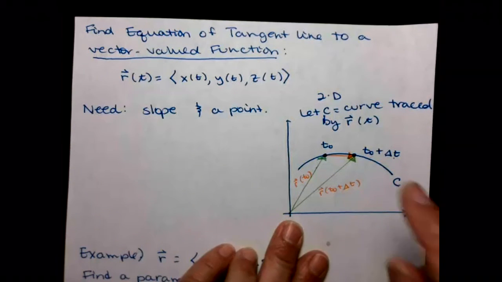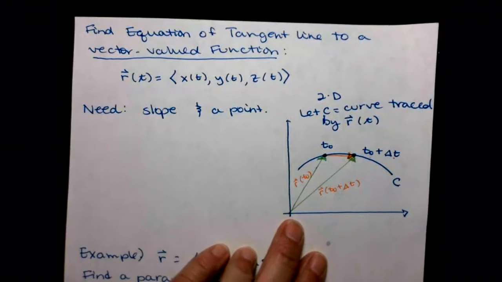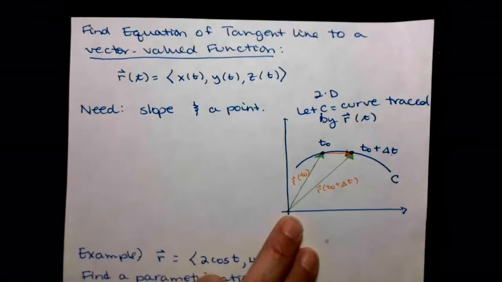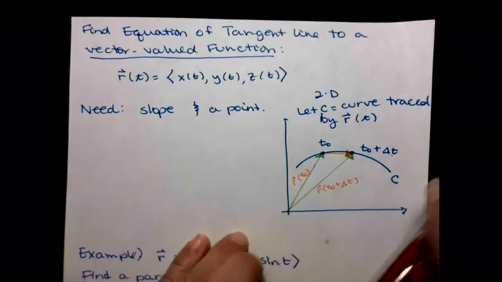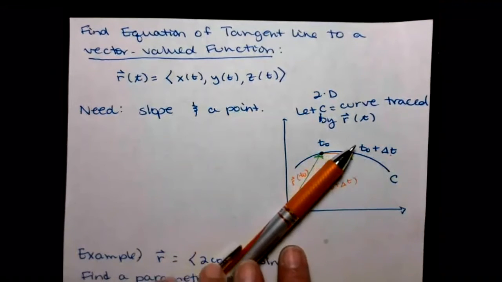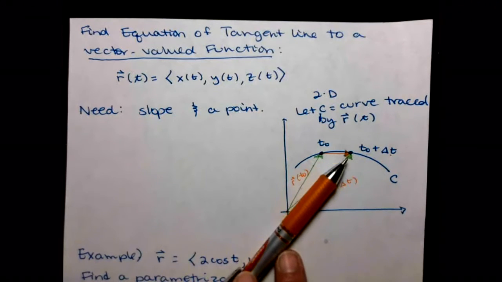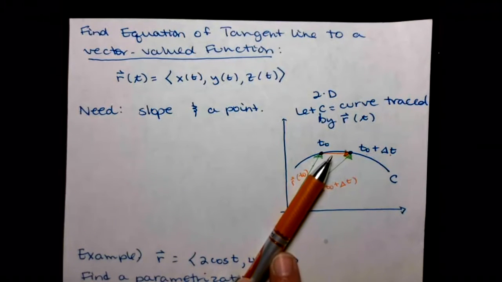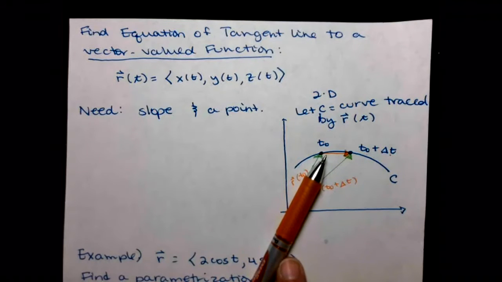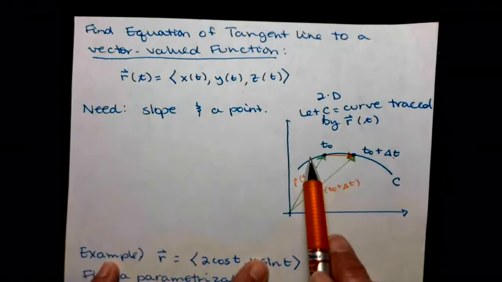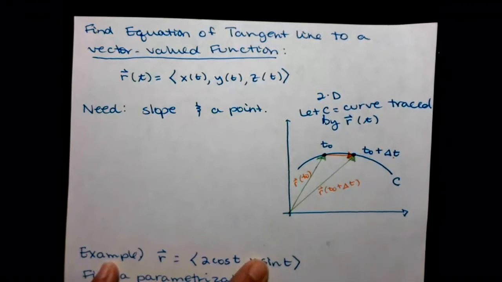As you can imagine, if you think back to when you first started talking about derivatives, as delta t gets smaller and smaller, the point r at t naught plus delta t comes in closer and closer to t naught, and the slope of this difference is going to become the slope of the tangent.